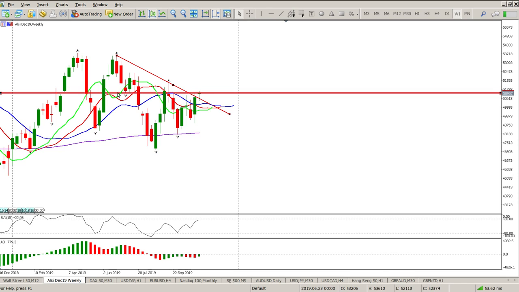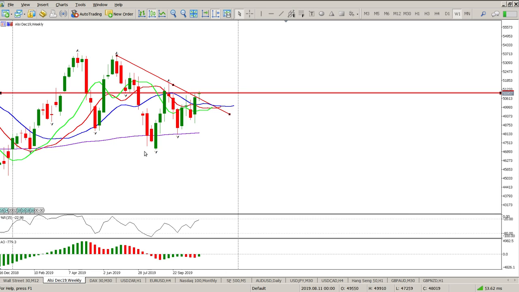You look to the left here, you can see the trend lines drawn in. This is the previous swing low on the weekly. That is a significant level. We're starting to get a crossover to the upside on the weekly at the moment.